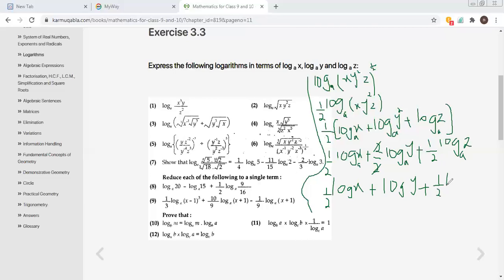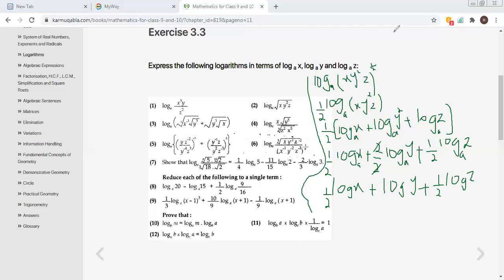Okay. Exercise 3.3 is my most favorite exercise because it's like a derivation. If you know the rules and regulations and laws and power method, then you can derive each question easily, smoothly. Is there any confusion, class?